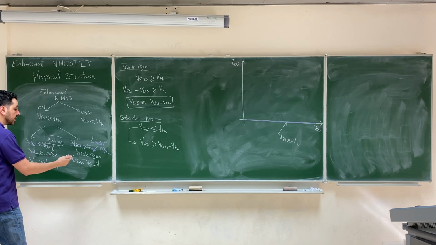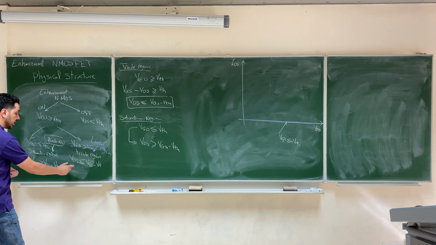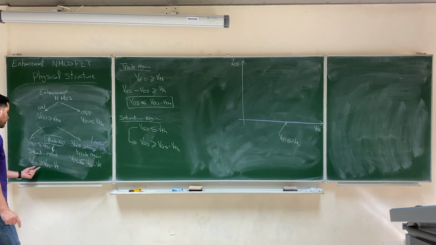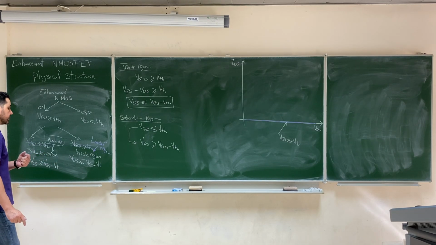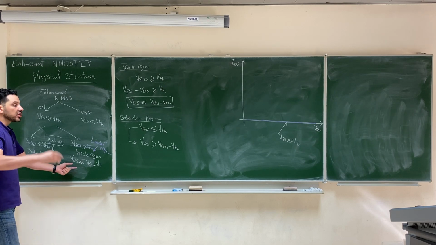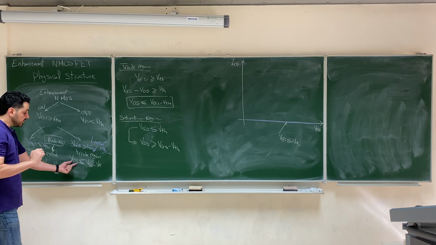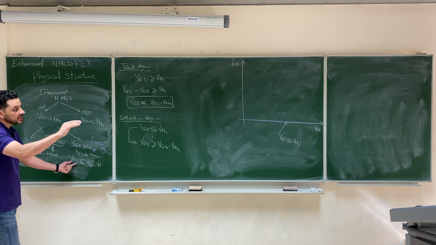And when the transistor is on, we have two regions: a region when VDS is lower than a certain value, and another region when VDS is greater than a certain value. So when VGS is greater than V threshold, we'll start to plot a curve between IDS and VDS.